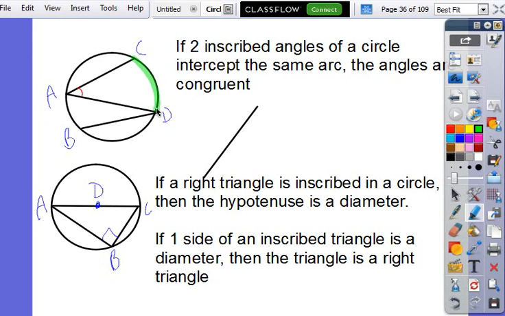Everybody see that? All right. What about angle B down here? If I take that one away, it makes the same one. So if those 2 angles hit the same arc on the other side, they've got to be the same. Angle A has to equal angle B.